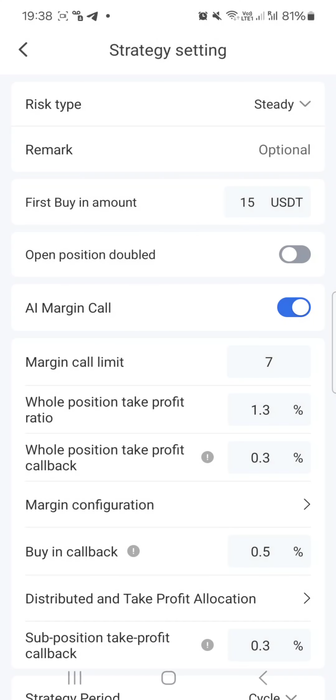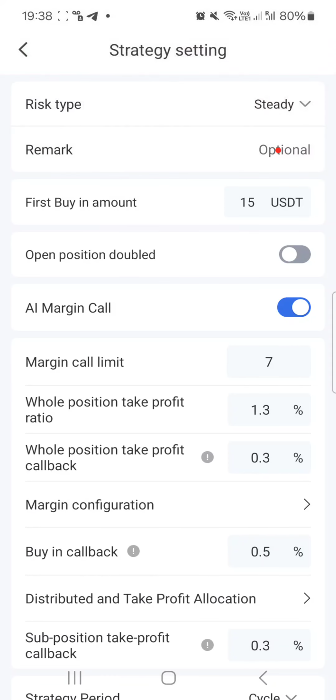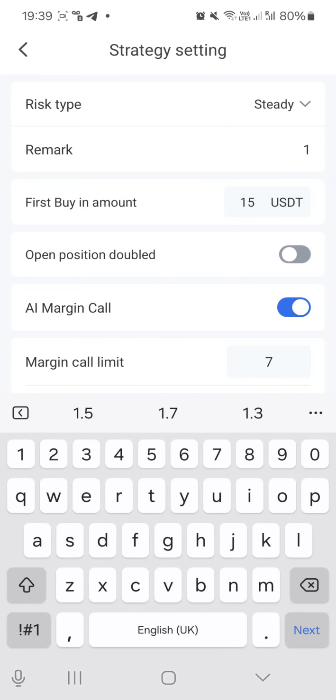What you also need to do is go to options and set a strategy, and name your strategy. So we're going to say $80 strategy.